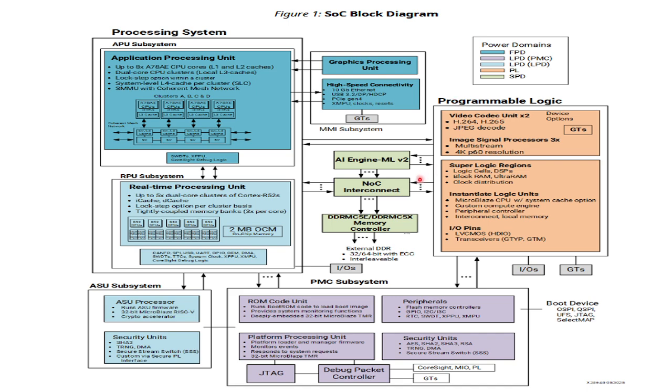But we will see in further videos also network on chip interconnect between processing system and programmable logic, which means that network on chip interconnect make links between a different part of the system on the chip.